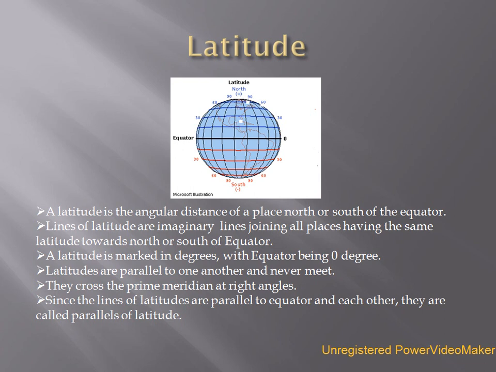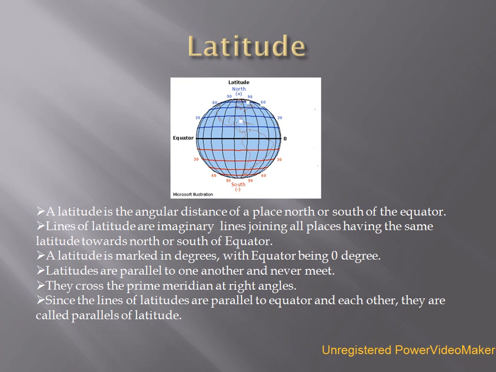Latitudes. A latitude is the angular distance of a place north or south of the equator. Lines of latitude are imaginary lines joining all places having the same latitude towards north or south of equator.